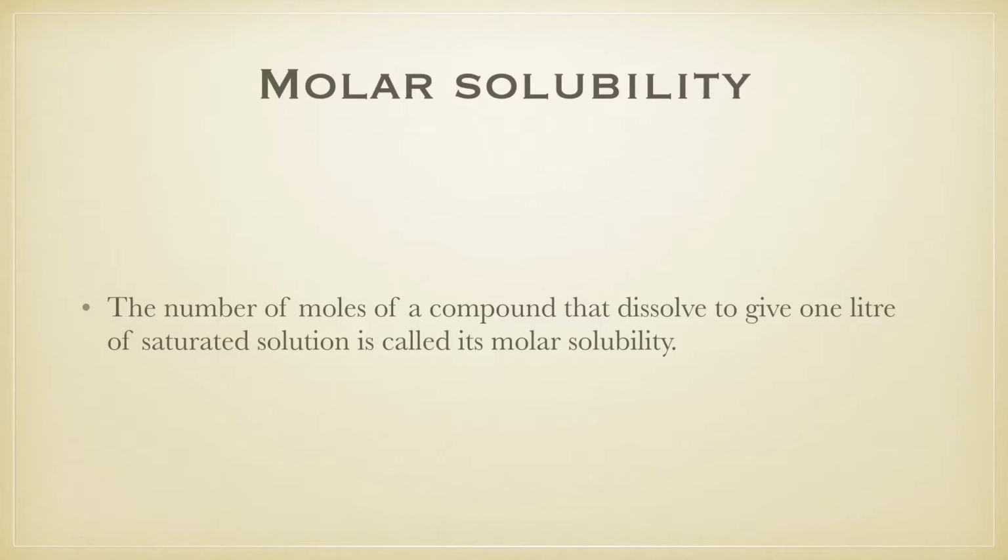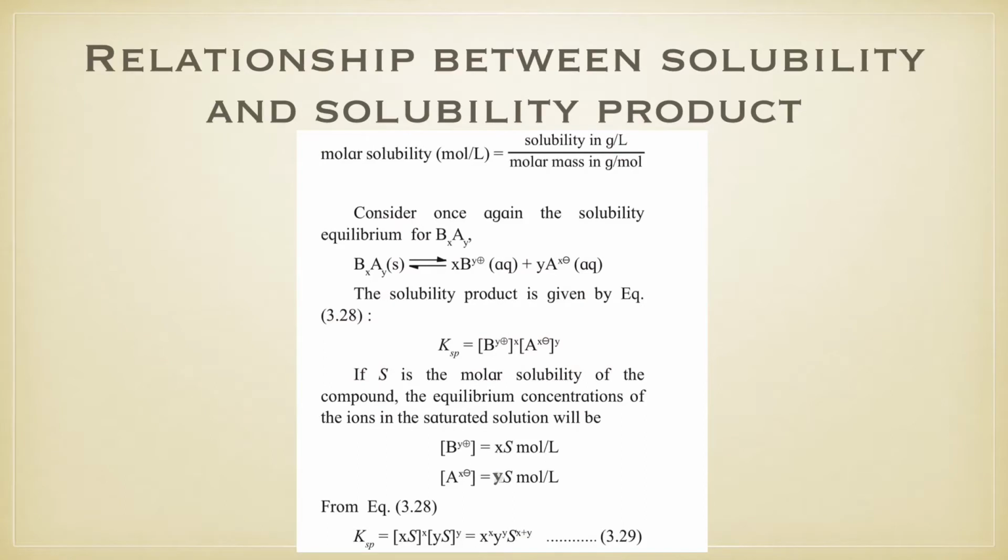In solubility, we talk about grams in a liter, and in molar solubility it will be the number of moles in a liter of solution. Now we learn the relationship between solubility and solubility product.